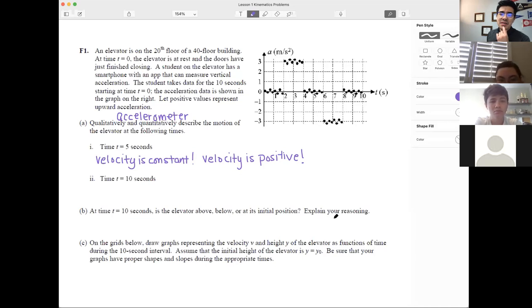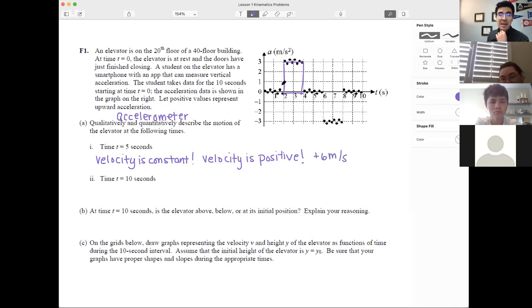I found the area. The area shouldn't be that complicated. 6? Sorry, I tried to make a triangle. Oh yeah, no triangles here. This is a perfect rectangle, right? The dots are all similar. So we can say the velocity is positive 6 meters per second.